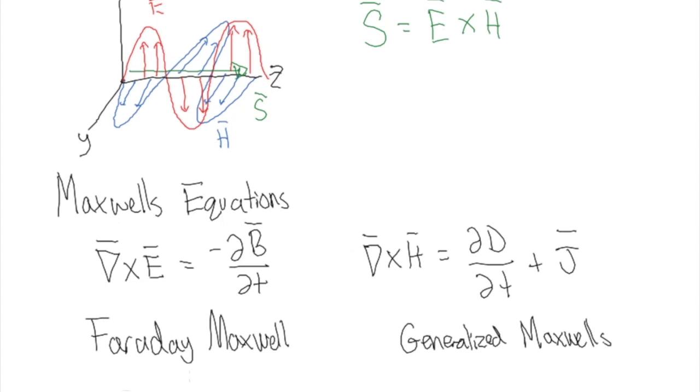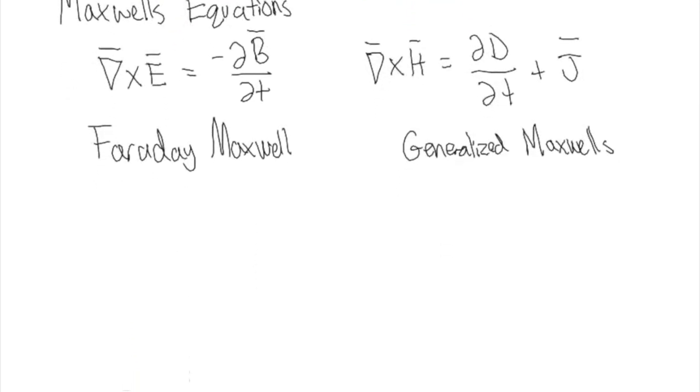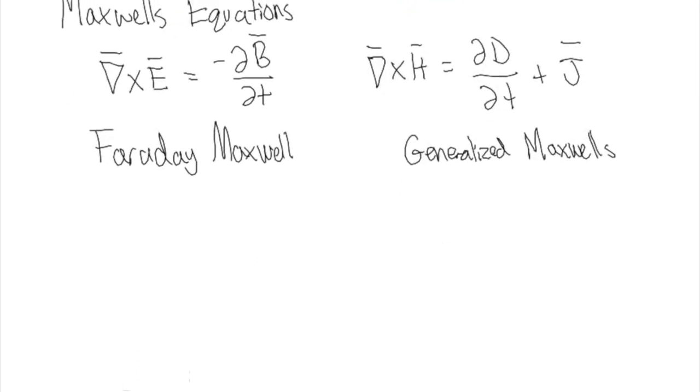And so in order to derive this, we're going to have to mess with the equations a little bit. So Faraday-Maxwell's law, we're going to dot with an H field, and the generalized Ampere's law, we're going to dot with an electric field.